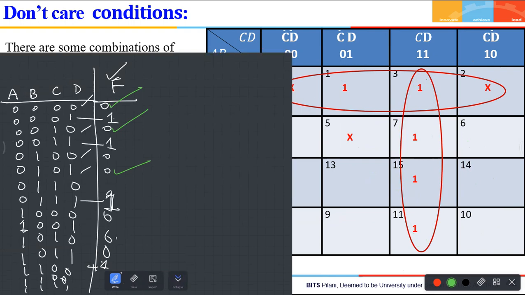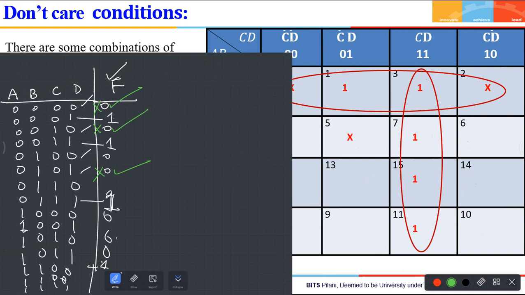I say that whenever the input to this logic function is 0 0 0 0, my output F is don't care. Similarly, when the input is 0 0 1 0, this is don't care. It is represented by X normally. This means that this input is a dummy input.